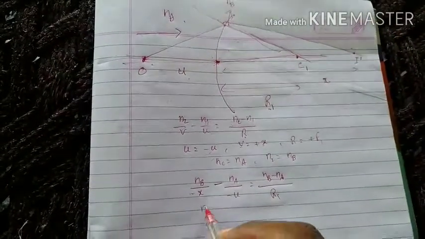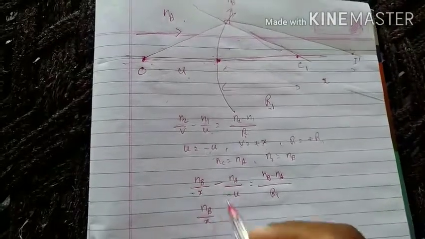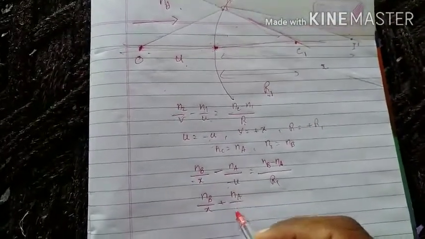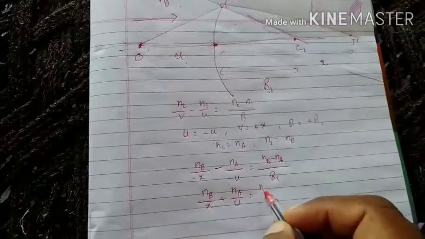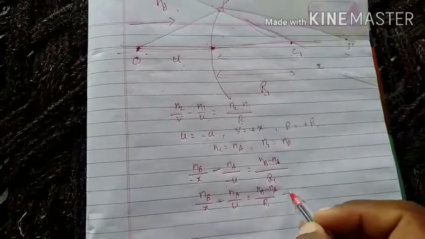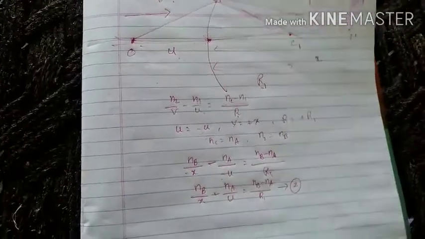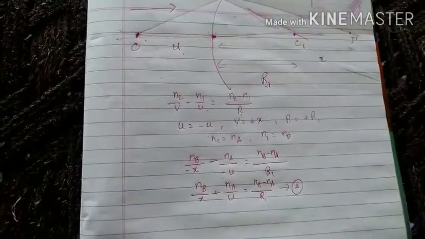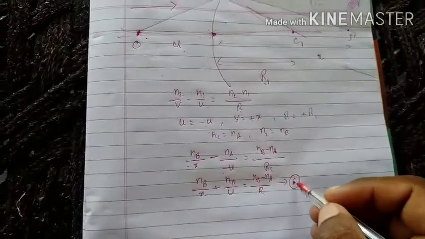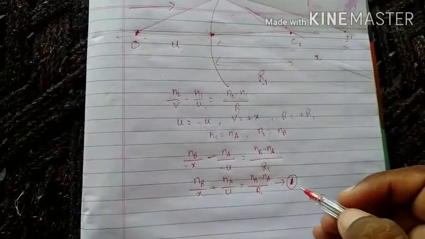Now after substitution, nb by x minus of minus, that is plus na by u, equal to nb minus na by r1. Let this be equation 2. Sorry, we had only one equation. This will be the first equation.